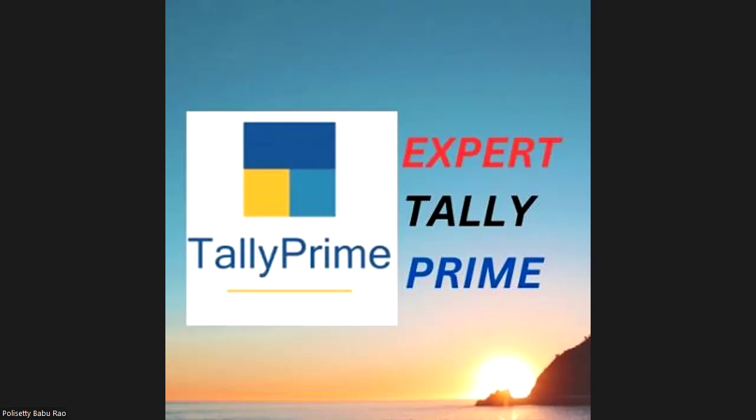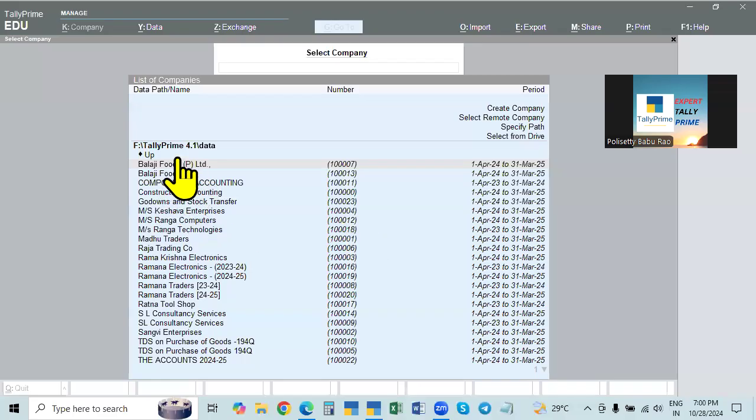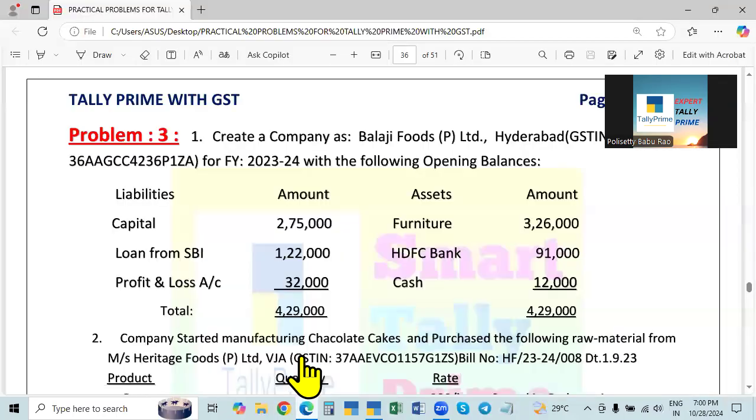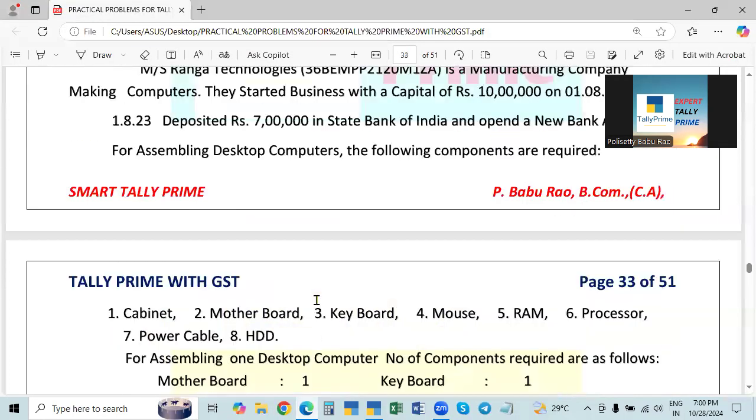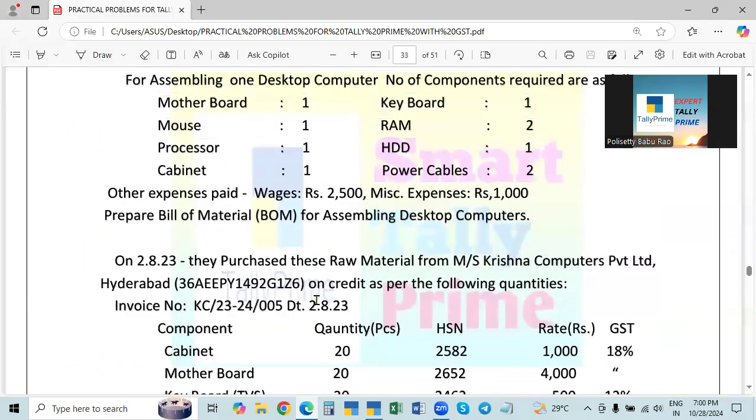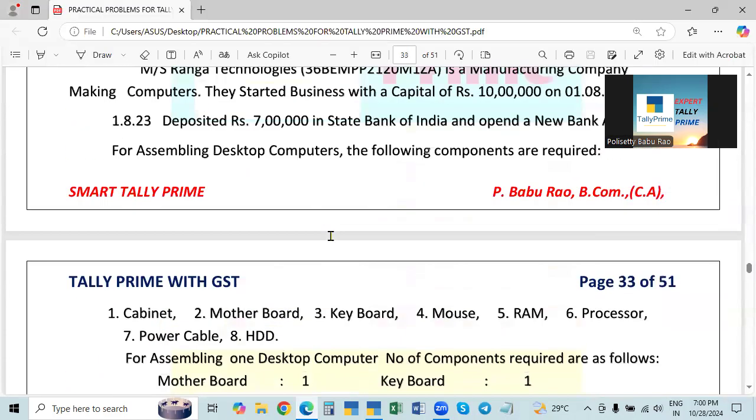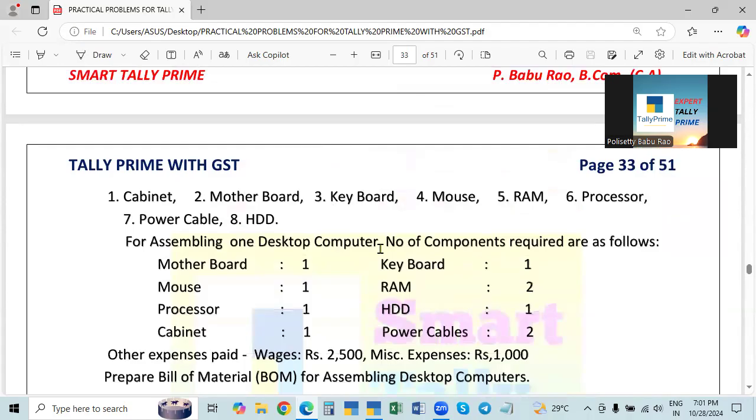Okay, now we'll enter into the topic. I will share the screen. Previously, in the problems we did, one problem I did and one problem I asked you to do. In this case, assembling of keyboard and assembling of desktop computer.